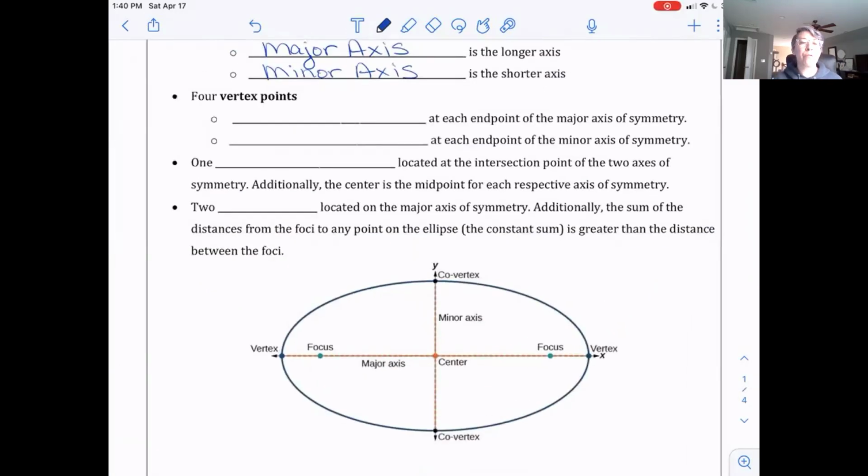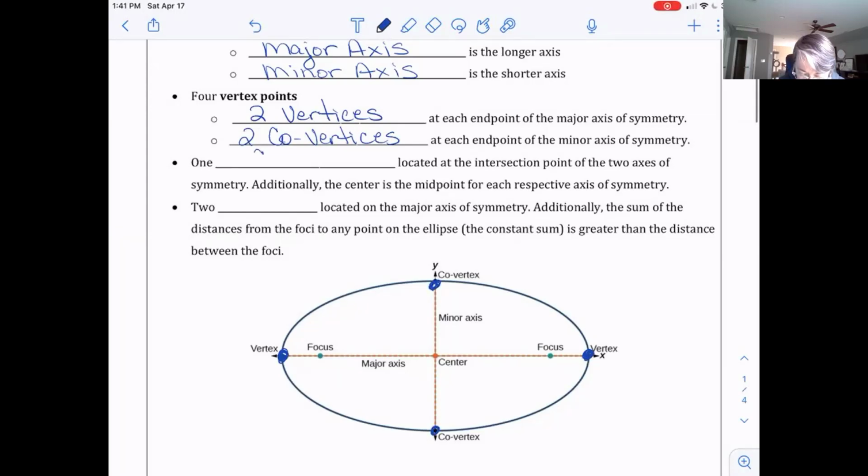We also have 4 vertex points. There are 2 vertices, one at each endpoint of the major axis of symmetry. So we call this guy here a vertex, and this guy here is a vertex. But then we have 2 co-vertices, one at each endpoint of the minor axis of symmetry. So a co-vertex here and a co-vertex there.